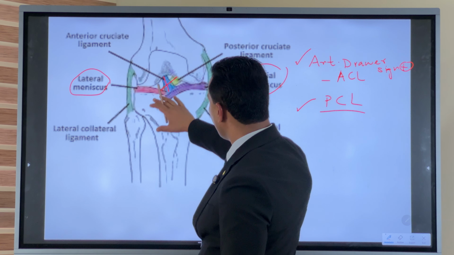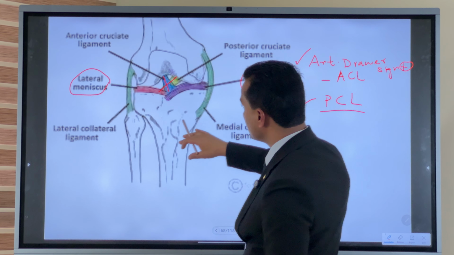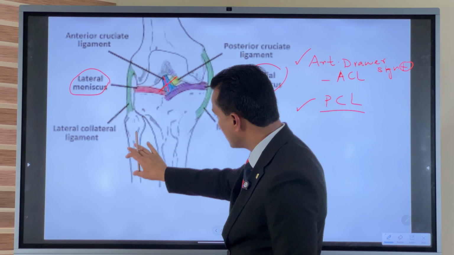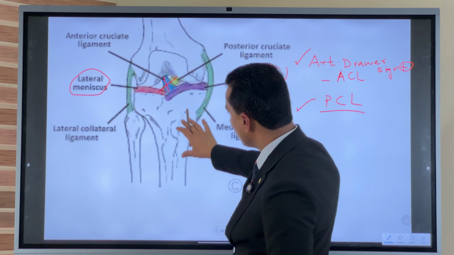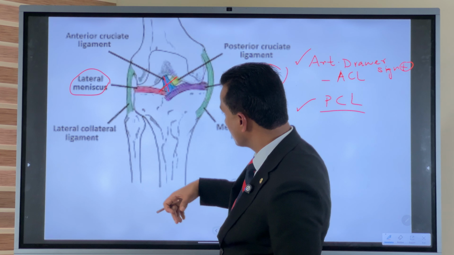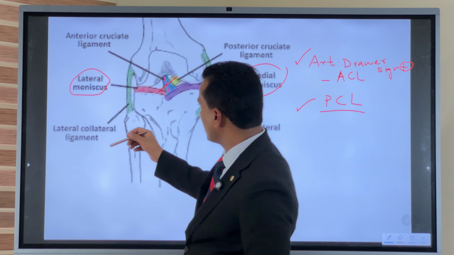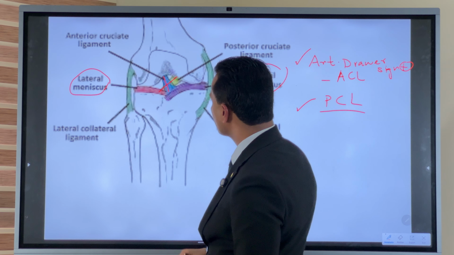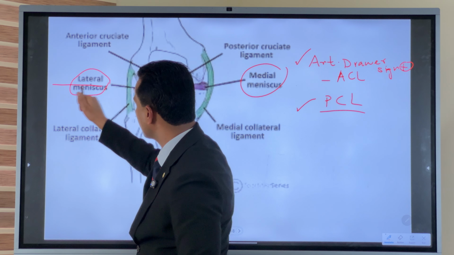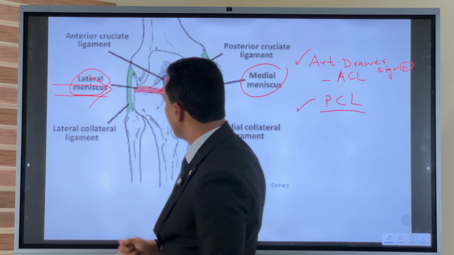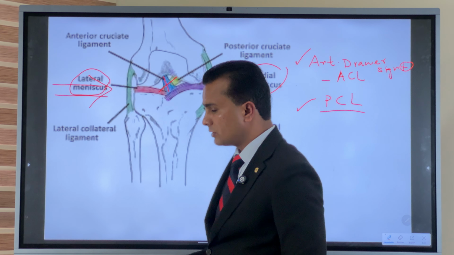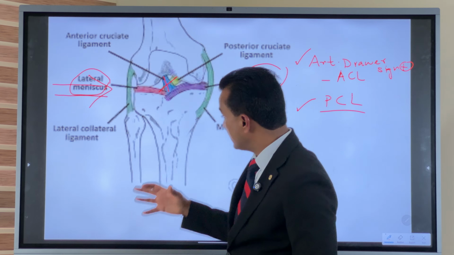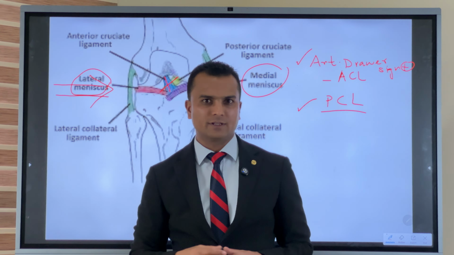Then, as you can see on the lateral side, this is the fibula bone, and this is the head and neck of the fibula. On the medial side you can see the tibia. Suppose this is the right knee joint. Now if you have any injury from the outer aspect of the knee joint, from the lateral side, it may lead to injuries inside the knee joint on the medial side.